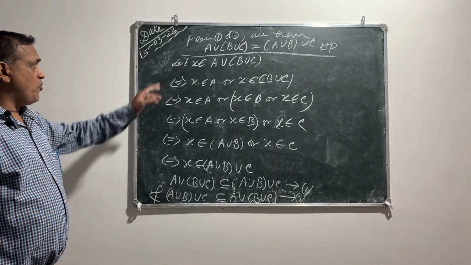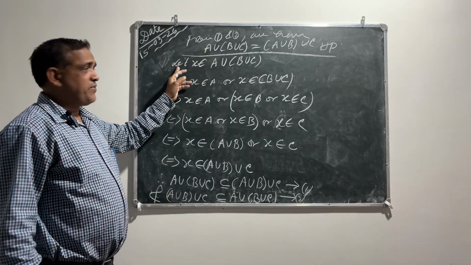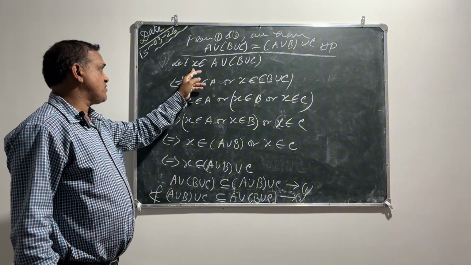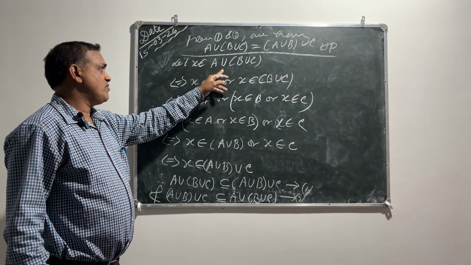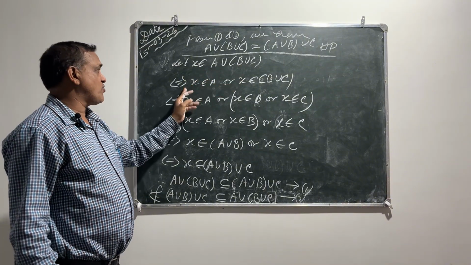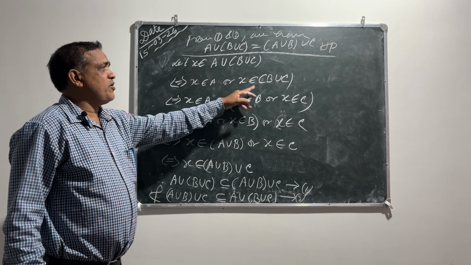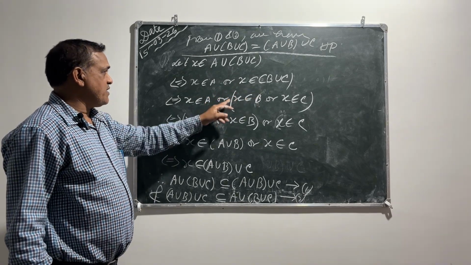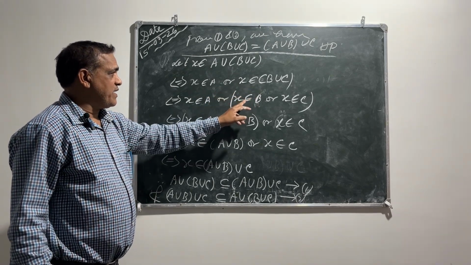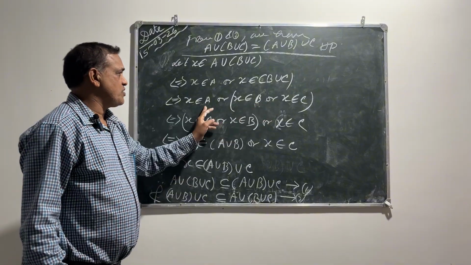So if we want to prove this one, at the very beginning we have to assume X belongs to A union within first bracket B union C, equal to X belongs to A or X belongs to B union C. That is, we can expand it: X belongs to B or X belongs to C.